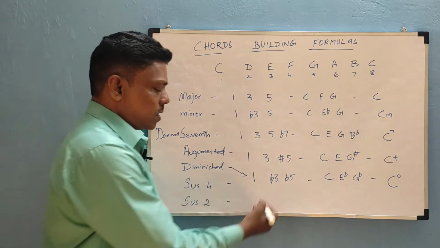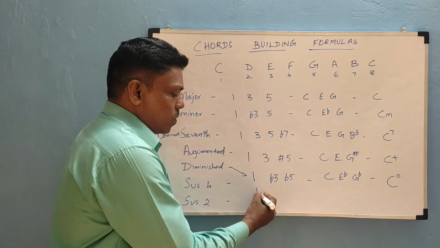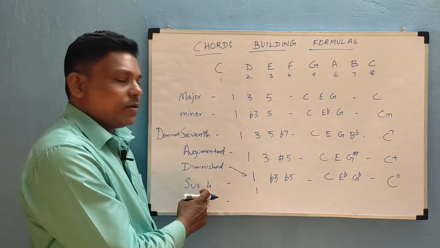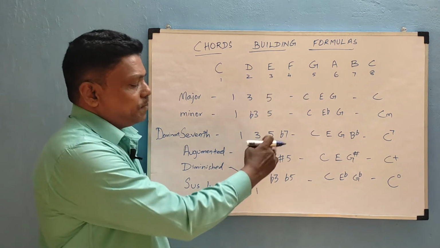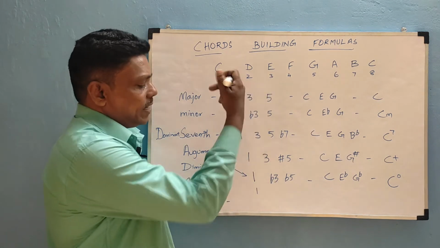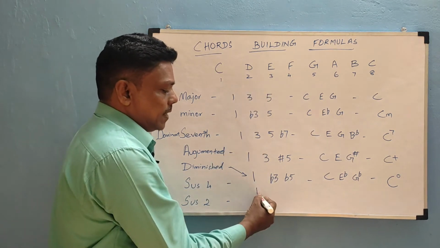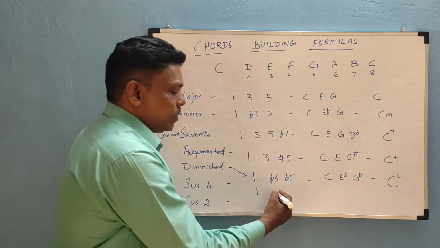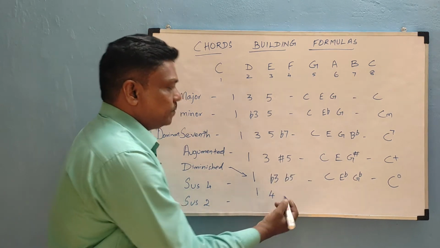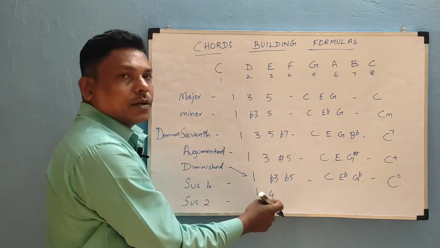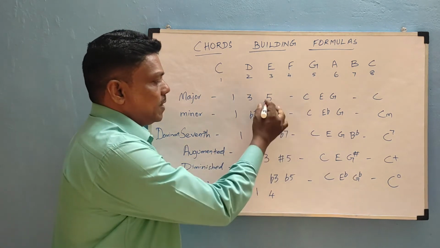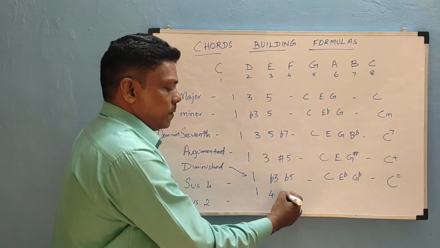So sus4, the formula is 1, 4, 5. Why we call it sus4: we are suspending the third degree. Remove the third degree and in its place use the fourth degree. In the major chord, remove the third degree, use the fourth degree, and then again 5.